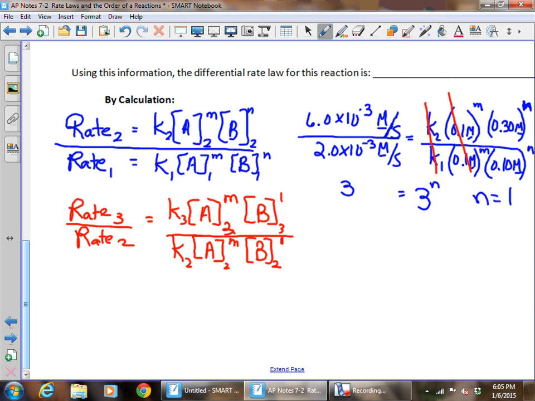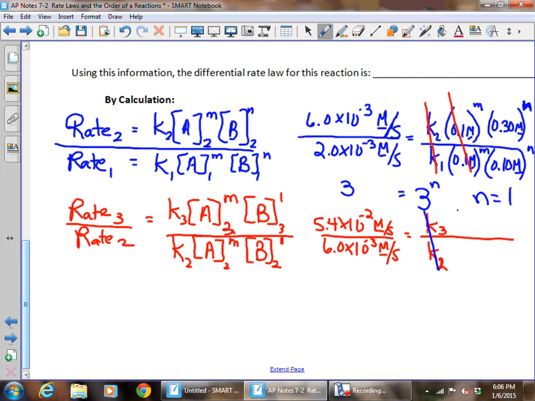So for reactions 3 and 2, the top value is 5.4 times 10 to the negative 2 molarities per second. And the value for the rate for reaction 2 is 6.0 times 10 to the negative third molarities per second. Remember, the K's are going to, I'm sorry, that's supposed to be a 2. The K's are going to cancel. They have to be the same.